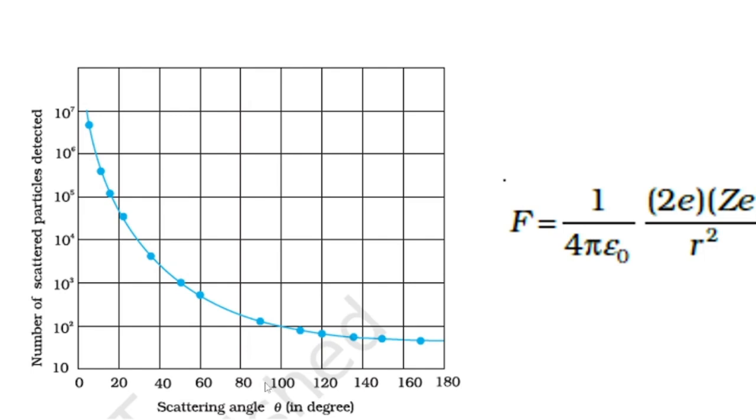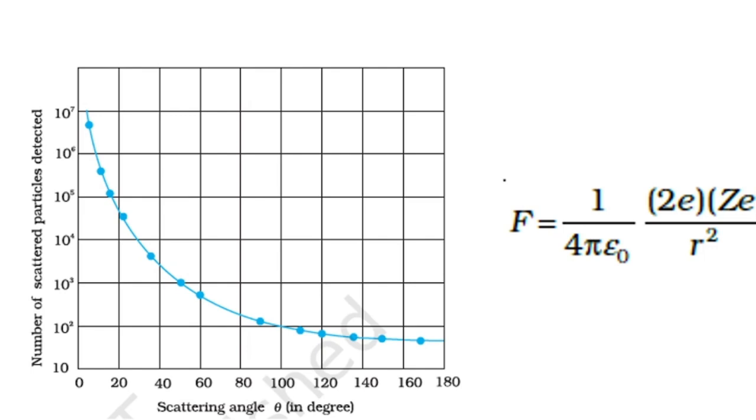With the scattering angle on the x-axis and the number of scattered particles on the y-axis, you can see more than a million particles have a small deviation, and for backscattered or 180 degree scattered, or heavy deflections, say more than 120 degrees, the number is less than 100, that is 10 to the power of 2. So the number of alpha particles which are deviated heavily or backscattered is much smaller, and most of the alpha particles just pass through the atom.